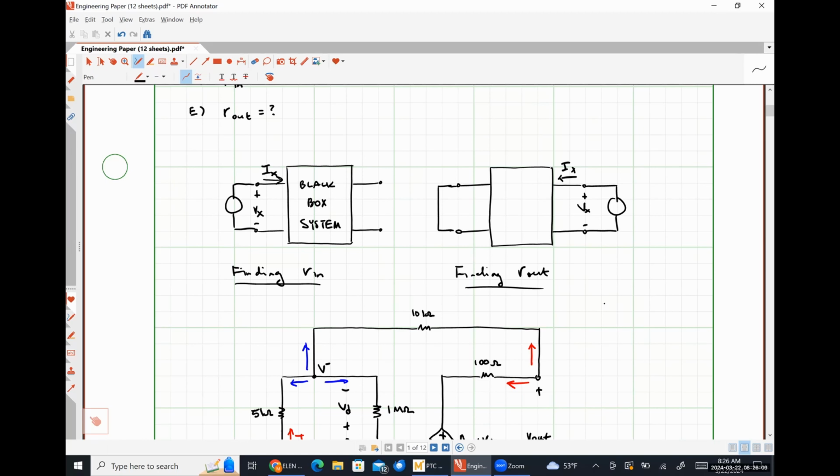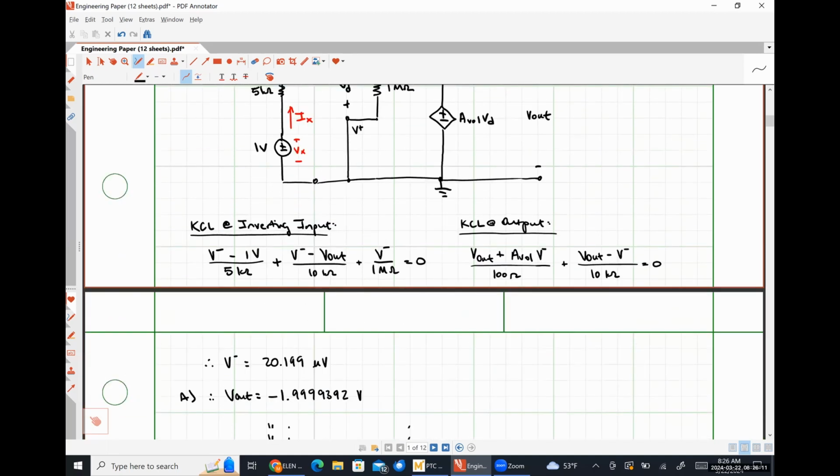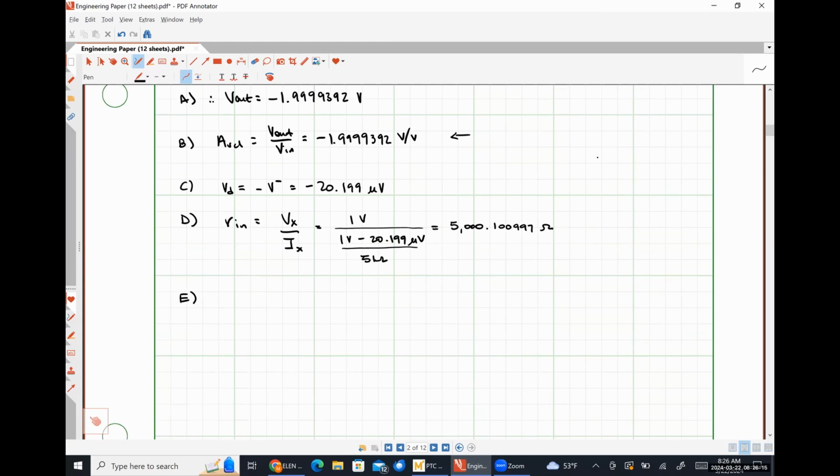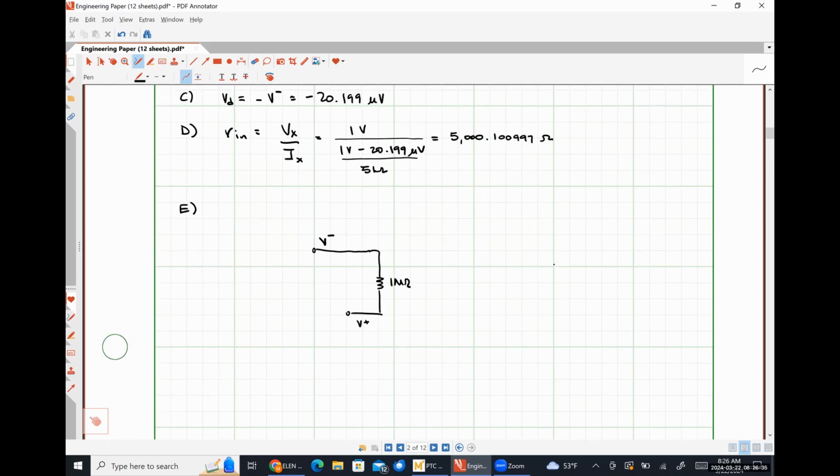Okay, I'm going to redraw my circuit. One mega ohm, plus V minus. Since we already know how things are connected, I'm going to go ahead and add things in here.